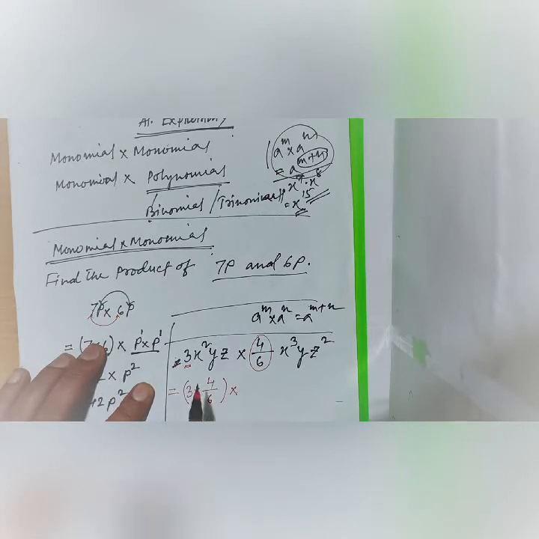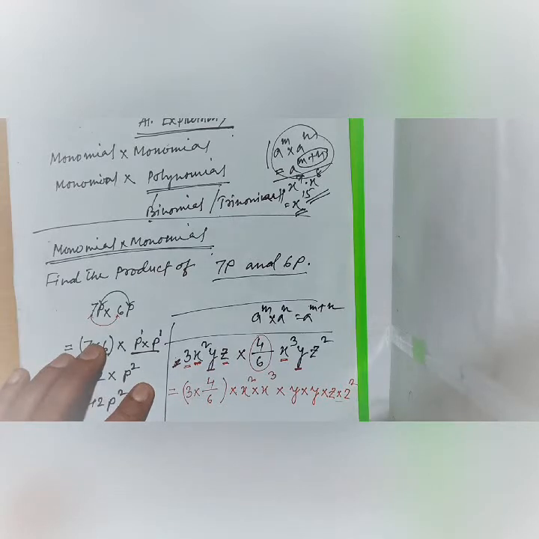Now the variables: this is x square, and with x square I will multiply x cube. The same variables we group together. Then y, another variable, and then z into z square.